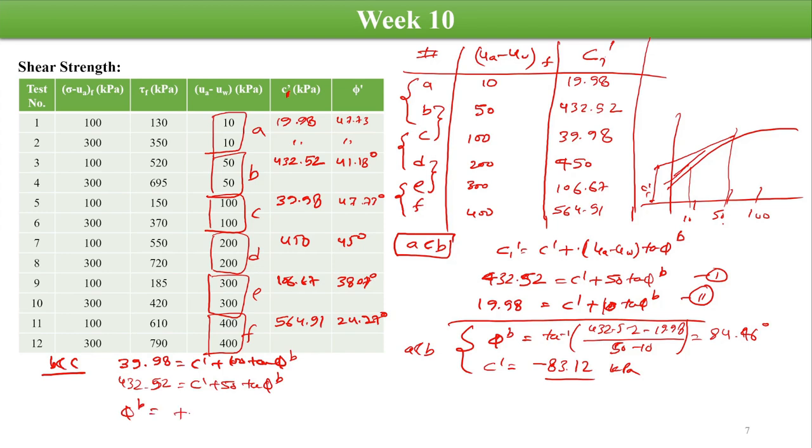So phi B will be coming as tan inverse of 432.52 minus 339.98, which will be divided by 50 minus 100.